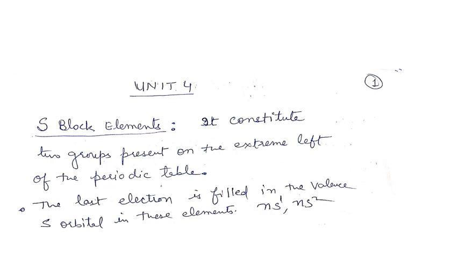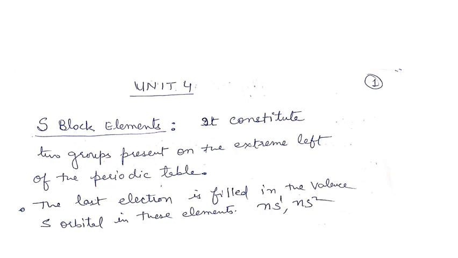it is considered to be an S block element. And if the last or valence electron enters the P subshell or orbital, it is considered a P block element. If the last electron enters the D subshell or orbital, it is a D block element.